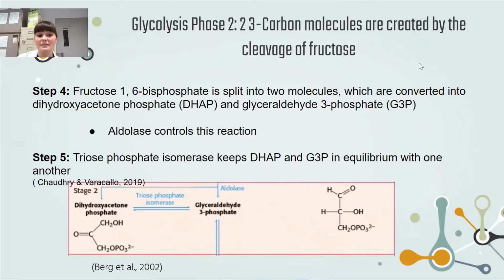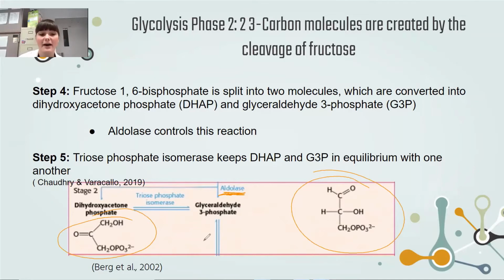And the enzyme aldolase, which I'll talk about more later, is going to be in control of that reaction. So looking at the diagram down here, the end of step 3 is cut off, but aldolase, that's this enzyme here, is going to create this molecule, that DHAP, and also this molecule right here.